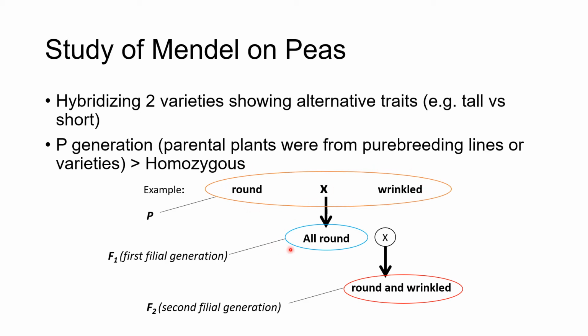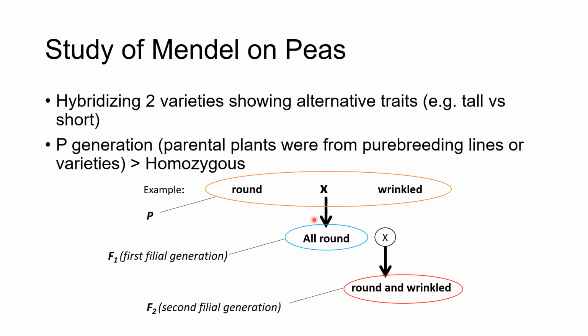Now, itong all round na to, krinos mo sila sa isa't isa, and then, nakapag-produce ka ng round and wrinkle. So, bakit nga ba? Eh, di ba sinasabi natin na yung all round is dominant? So, bakit nakapag-produce ka ngayon ng wrinkle? Bale, yung ginawa kasi is nag-cross sila ng round and wrinkle.